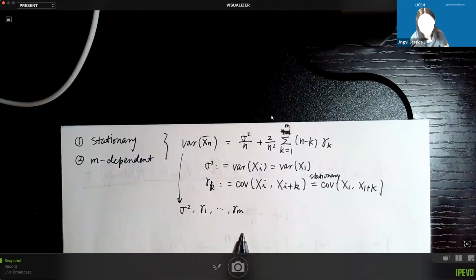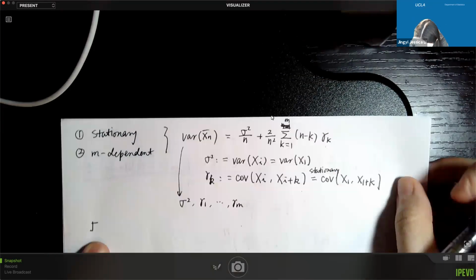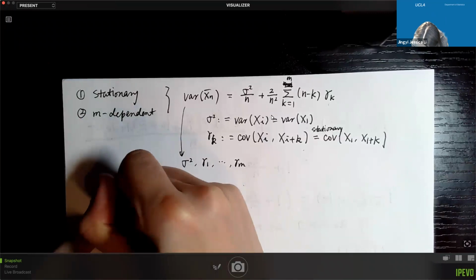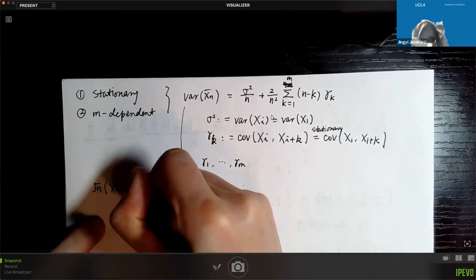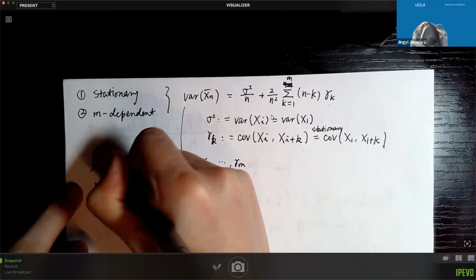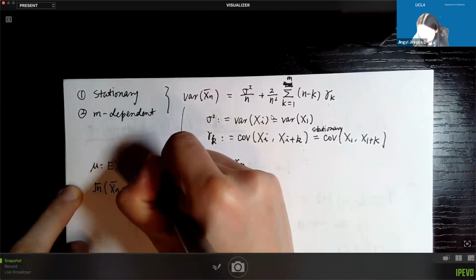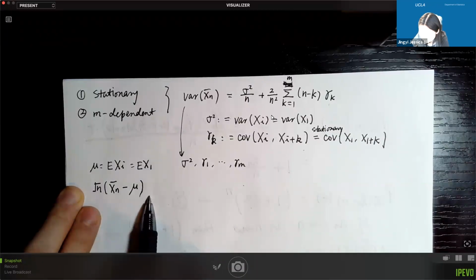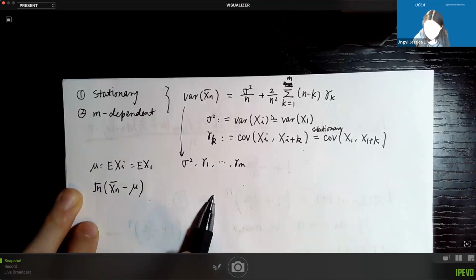And we'll see soon that we can have the asymptotic version of this: root n times X n bar minus mu, the formula we're familiar with, where mu is defined as the expectation of X i, of course the expectation of X 1. This quantity is what we're mostly interested in for the asymptotic distribution, just as for the central limit theorem. We're going to show it converges to an asymptotic normal distribution.